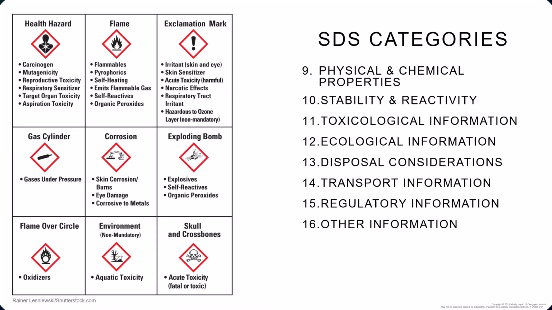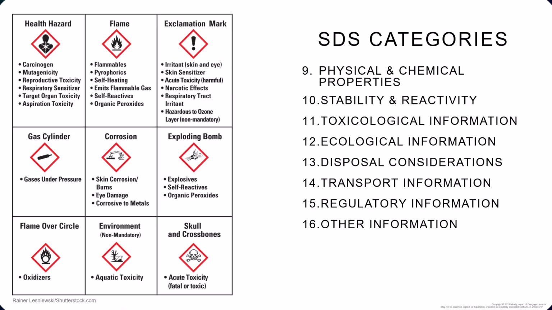Physical and chemical properties will consist of a minimum of 18 properties, from the color to pH or viscosity of products, and unknown or irrelevant properties for a product have to be noted. Stability and reactivity provides information on the environmental stability and reaction risk associated with the product.